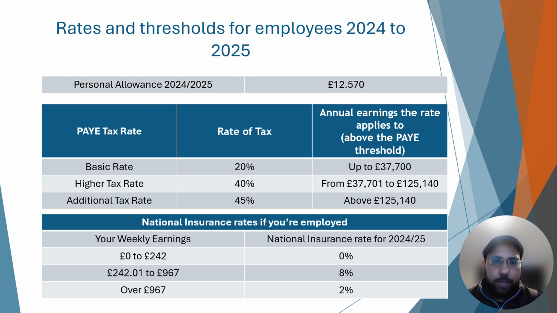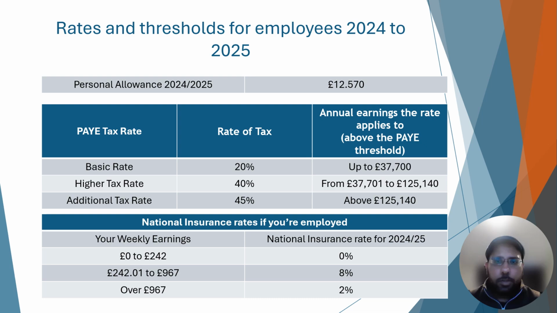Now, what we have is a personal allowance of £12,570. So if you earn up to 100k, you're entitled to the full personal allowance. Anything upwards of 100k, it will start to erode to the stage where you won't get any personal allowance, and that's when you reach £125,140.